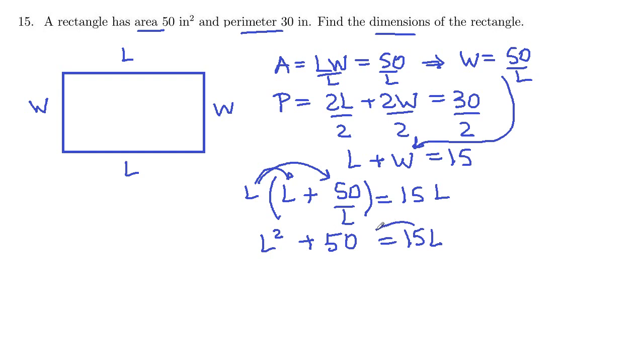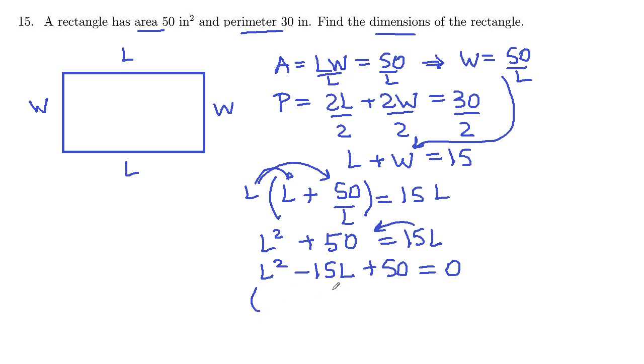Let's go ahead and subtract this on both sides, move it over as a negative. So L squared minus 15L plus 50 equals 0. Since it's quadratic, I want all the variables on the left-hand side.